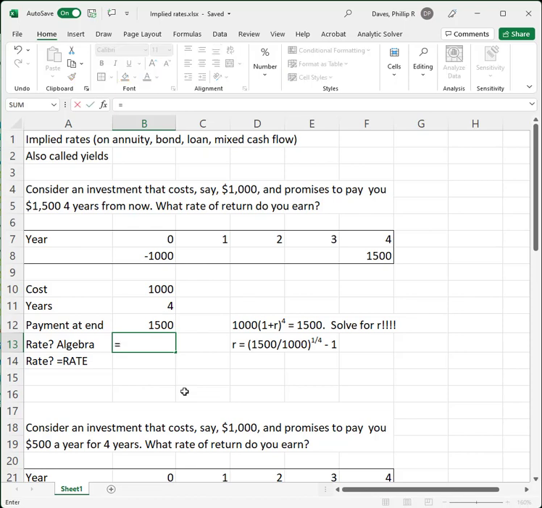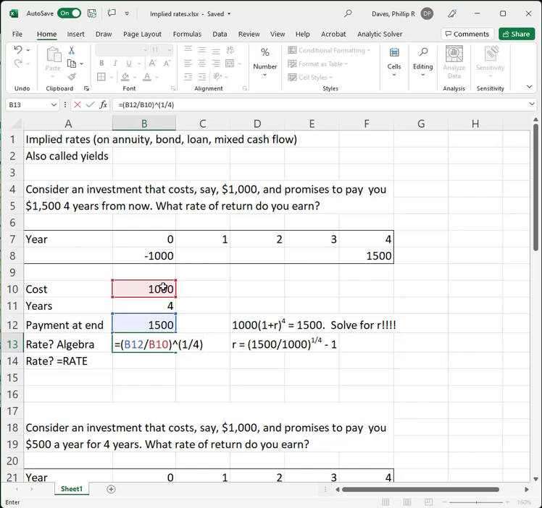All right, so I'm going to need some parentheses: 1,500 divided by 1,000. There's the final amount divided by the initial amount. We want to raise this to the 1/4 power, so we can either raise it to the 0.25 power or 1 divided by 4. Just be sure you have parentheses in there. And then we want to subtract off 1.